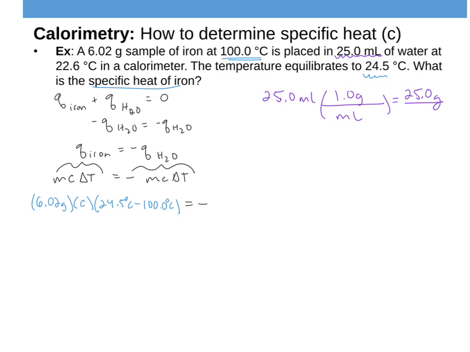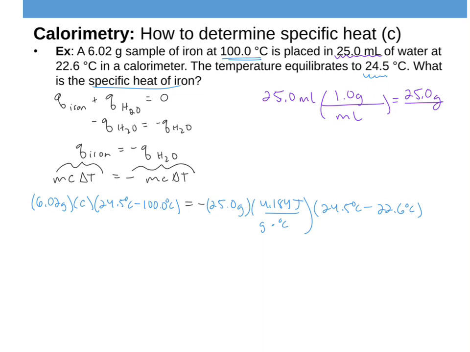So I'm going to say that there's 25.0 grams of water. The specific heat, again, is 4.184 joules per gram degree Celsius. And the change in temperature, again, it ended at 24.5 degrees Celsius, but water started at 22.6 degrees Celsius.